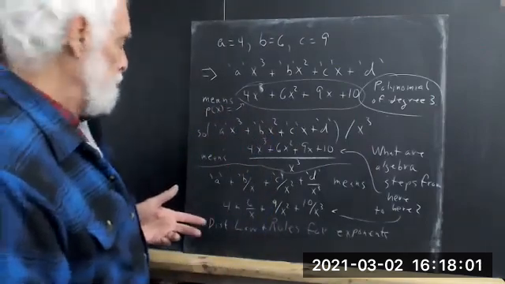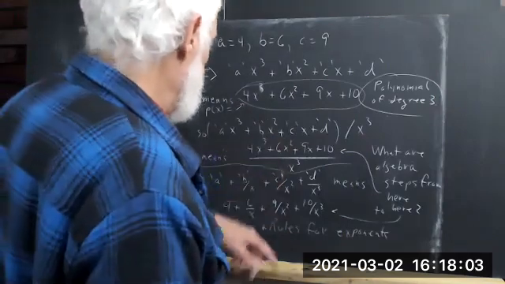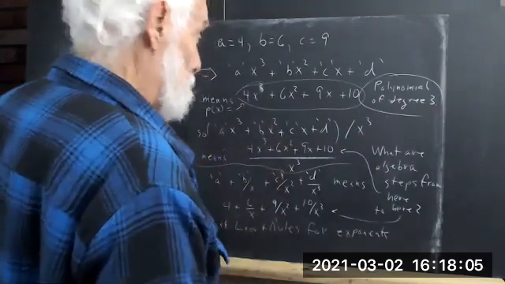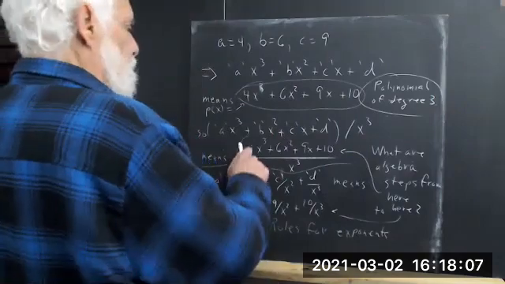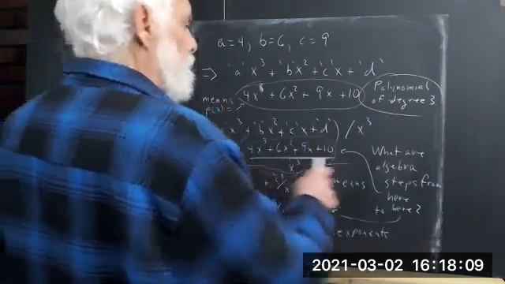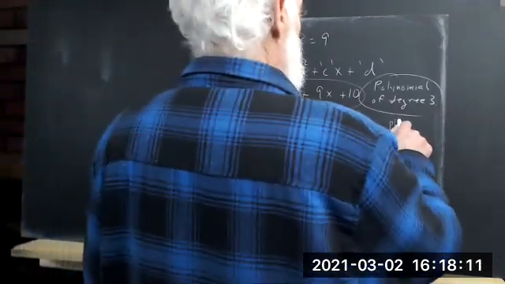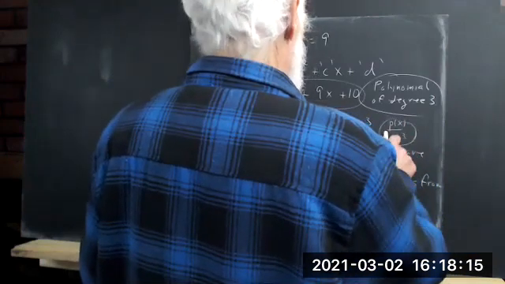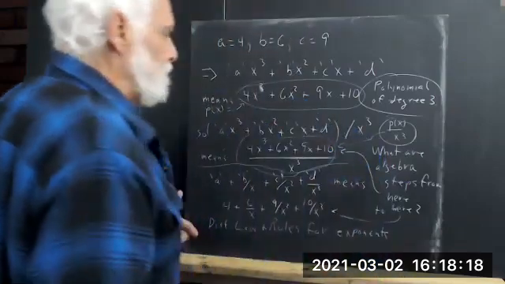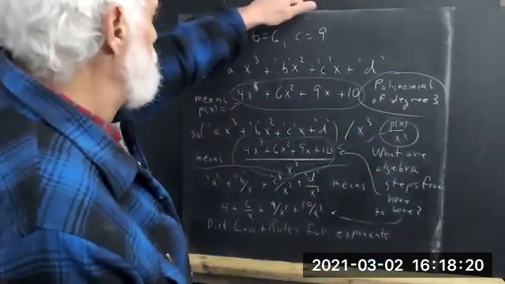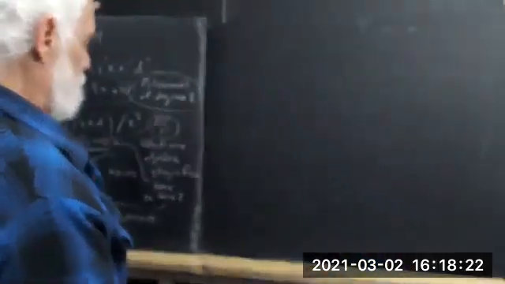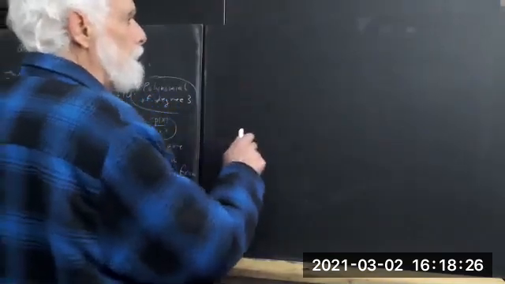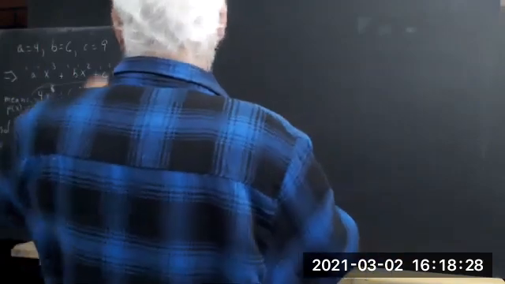And it's equal to this. So this expression is P of X over X cubed. This expression here is what we want to do: evaluate, and let's see, how am I going to do this?